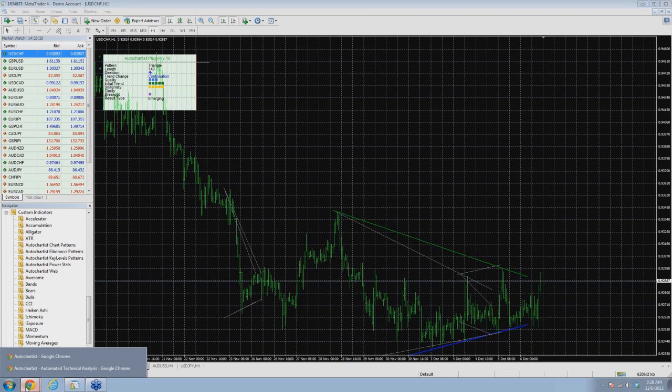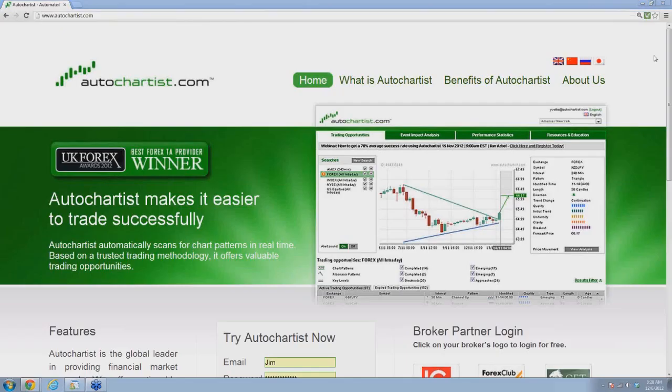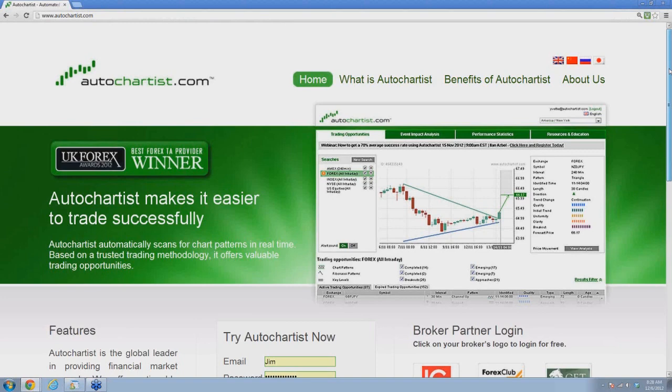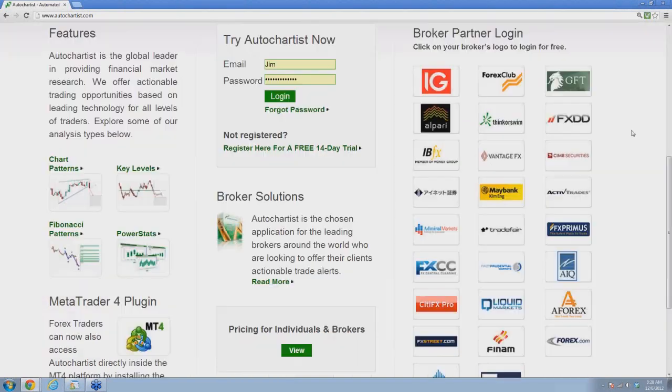Okay, you want to take a look at the brokers that AutoChartist uses to see if your broker is on here, on any of these icons. If they are, you've got to ask them if they're offering access to MT4, which they probably are.